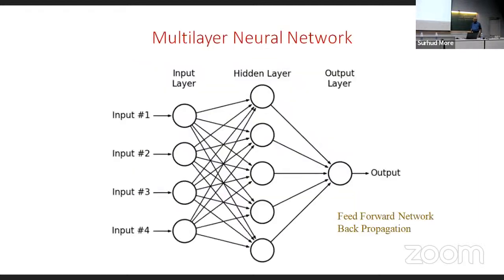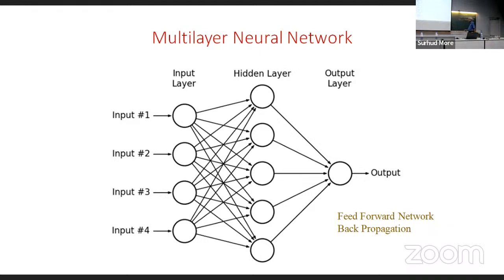So what happens there? It turns out that with a single perceptron you cannot really do anything which is non-linear, so you require more than one perceptron. The perceptrons now get divided into three different groups.